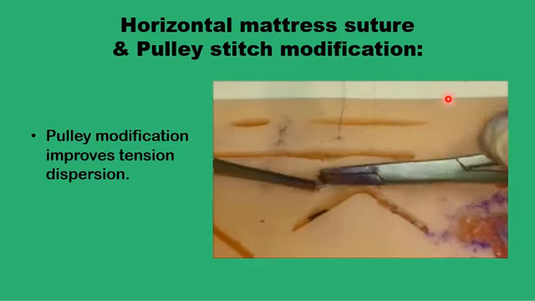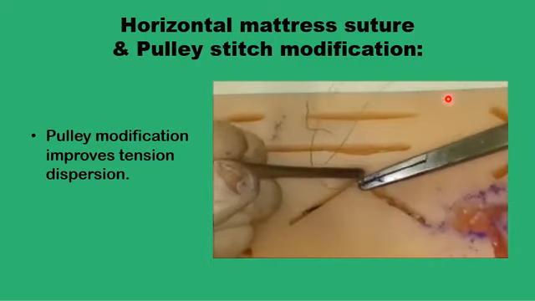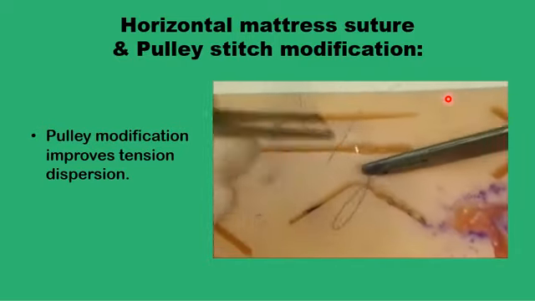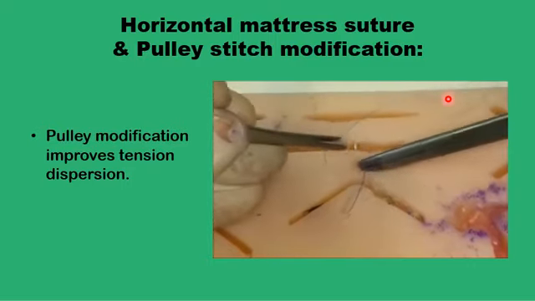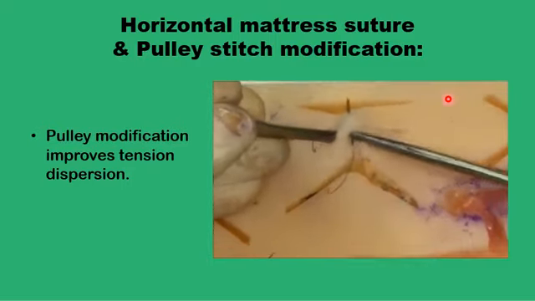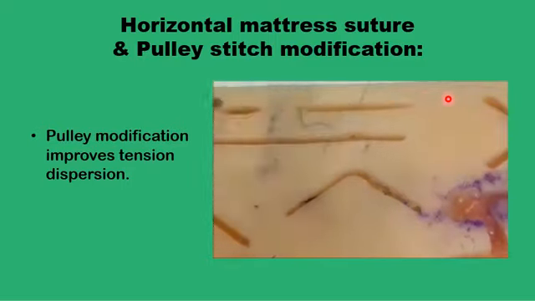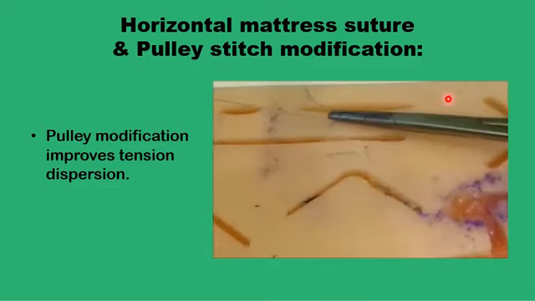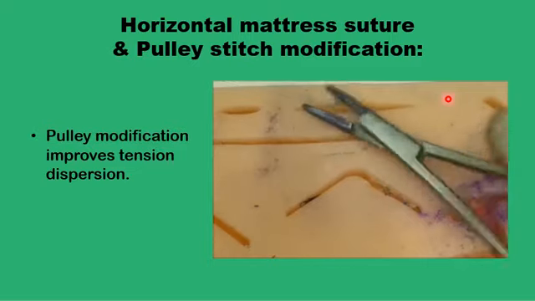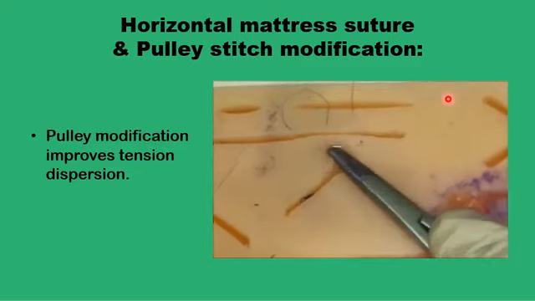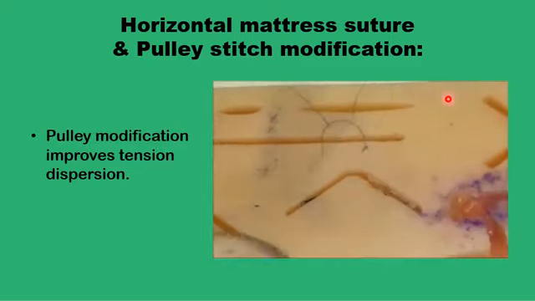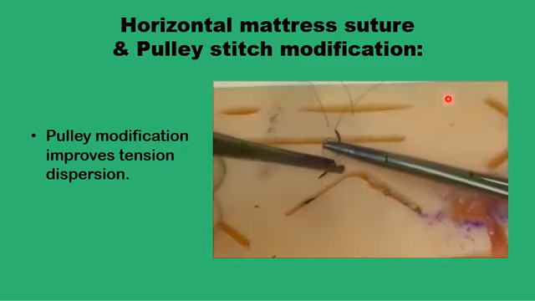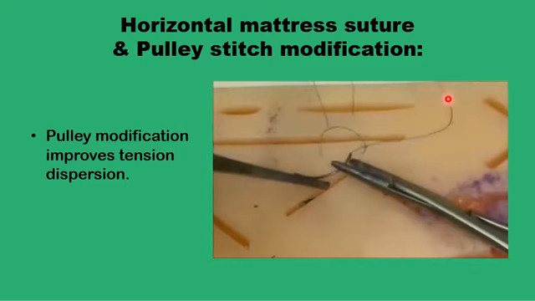And you can see that the wound's edges are approximated even when there is no tension at all at the wound edges without tying the final knot. So that's a simple modification to the horizontal matrix standard configuration just by pulling the needle through a loop of the suture parallel to the wound edge.